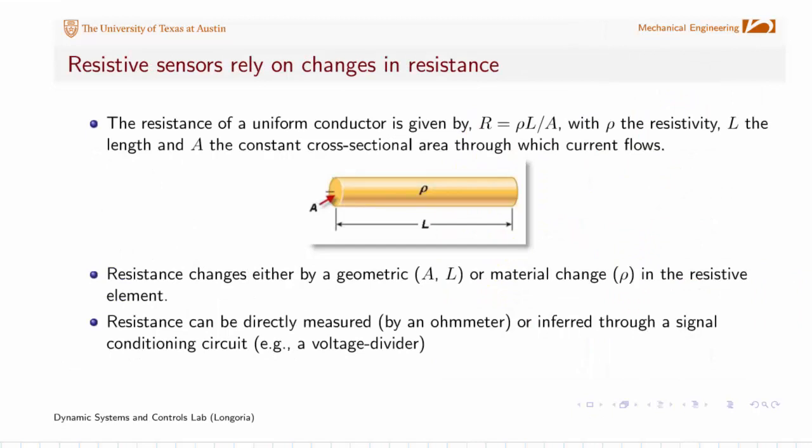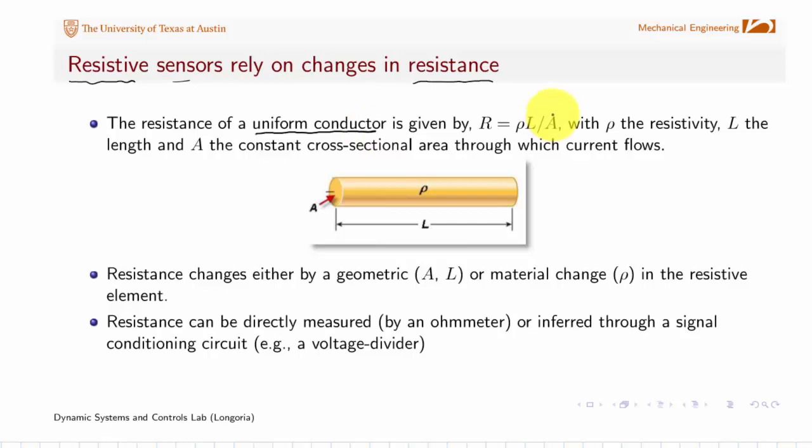The basic physics of most resistive sensors is pretty straightforward. They're easy, usually low cost. Remember that resistive sensors rely on a change in resistance that can be detected in order to infer some change in some kind of physical parameter. We can use a really simple case of a uniform conductor.